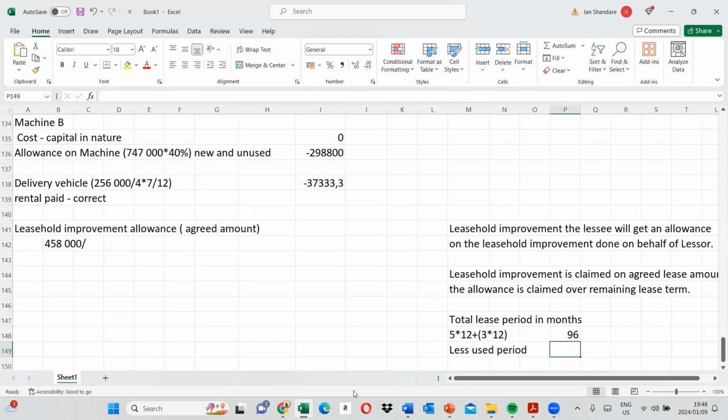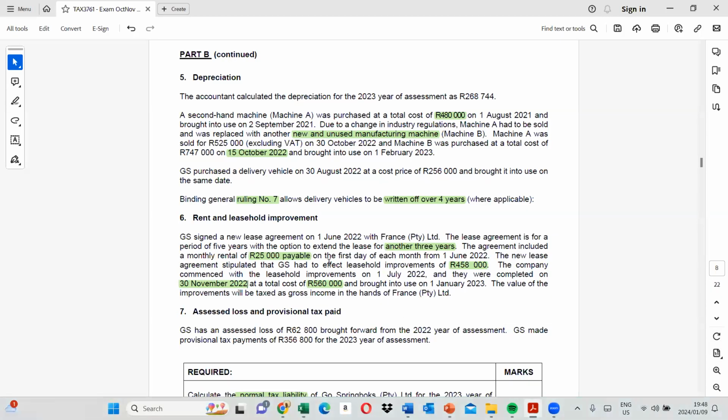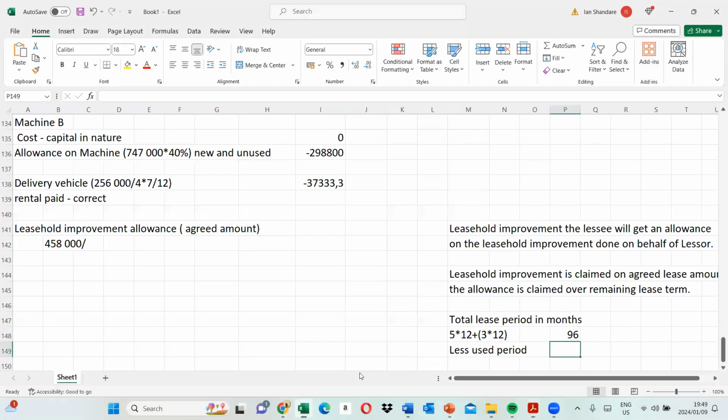All right, so when did they enter into the lease? Remember, they entered on this date. So in this case, there's 6 months which just lapsed.